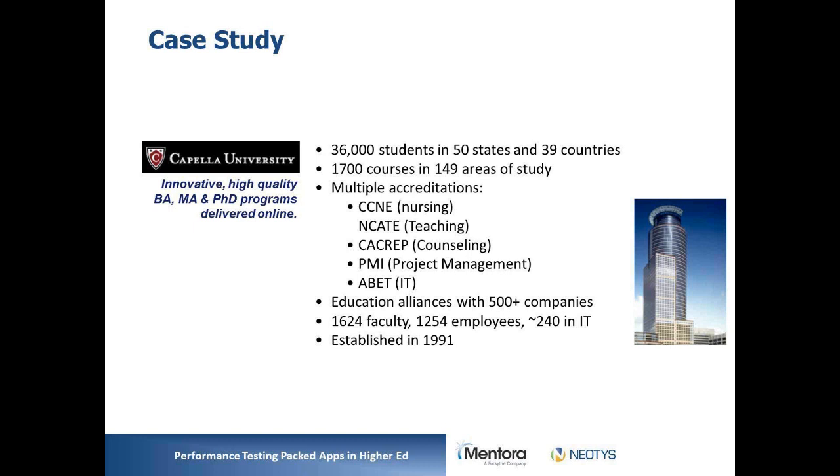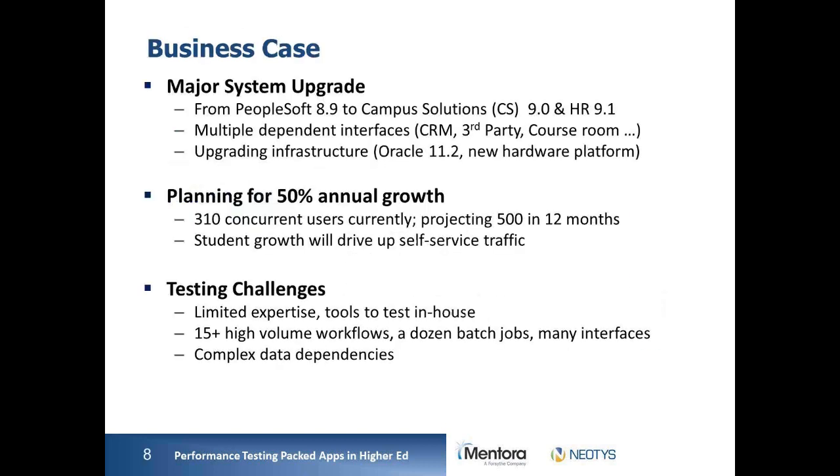So this company, Capella, came to us last year and said, we need your help. We're about to undergo a major systems upgrade. We're upgrading from PeopleSoft 8.9 to 2 versions of Campus Solutions and Human Resources. We've got multiple dependent interfaces to the CRM system, to PeopleSoft Financials, to third-party courseware, and so forth.